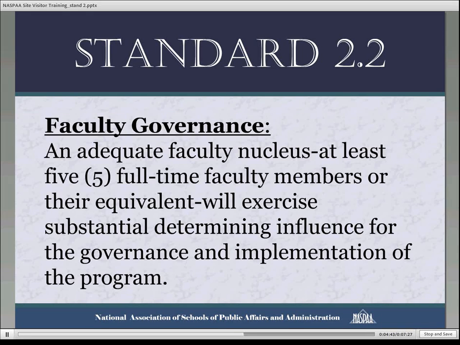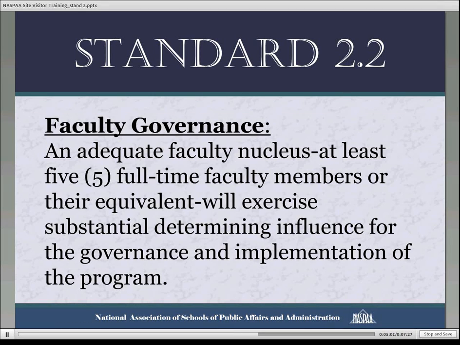COPRA and NASPAA have decided that standards can be met by 5 full-time faculty members or their equivalent that exercise what's called substantial determining influence of the governance and implementation of the program. This is a very important component, as you might guess.